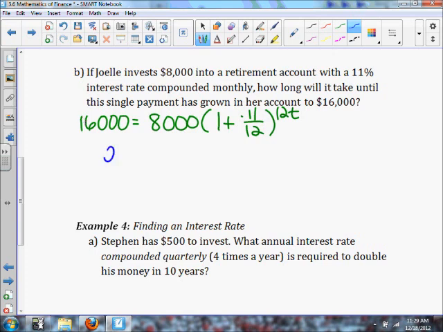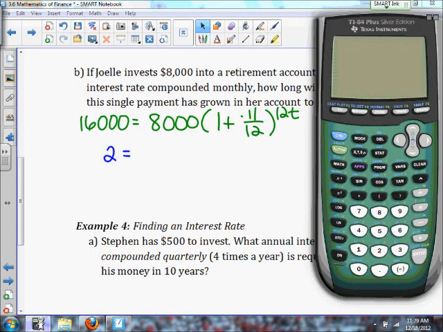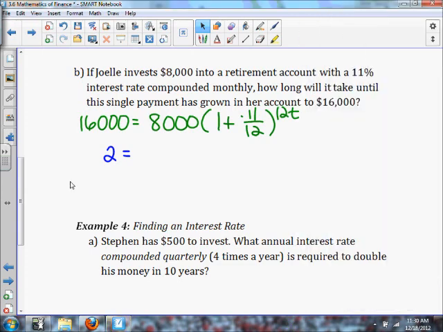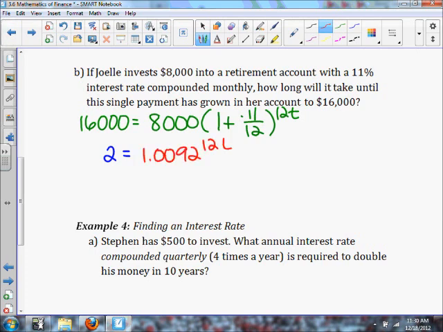We'd have 2 is equal to 1.0092 to the 12t. Take the natural log of both sides and then divide.